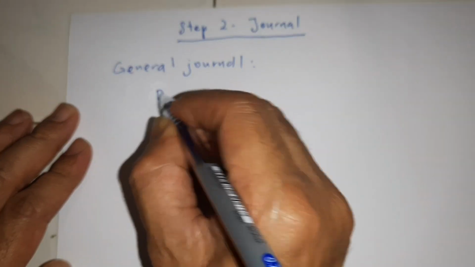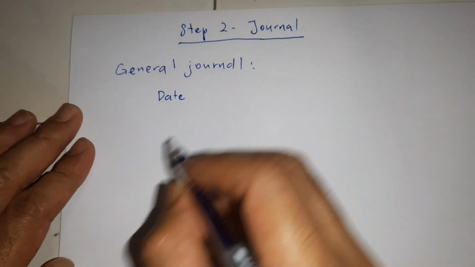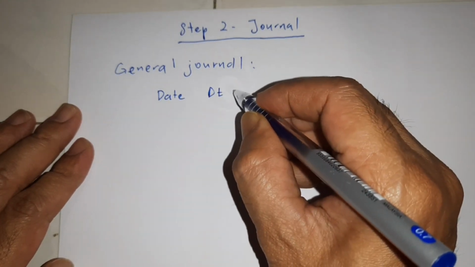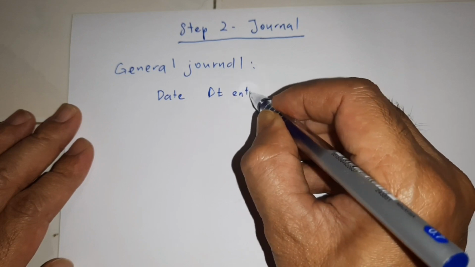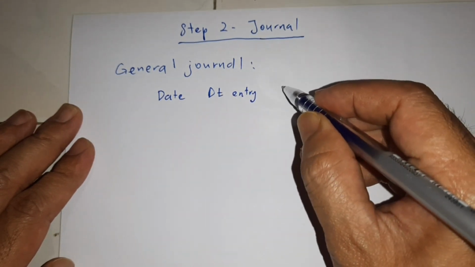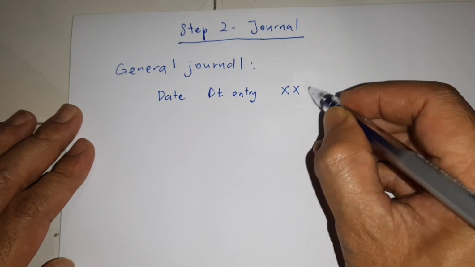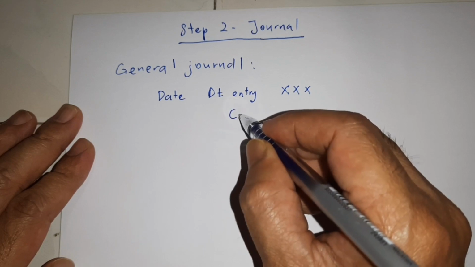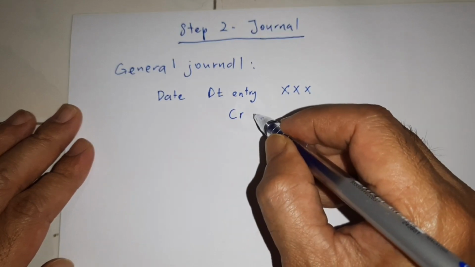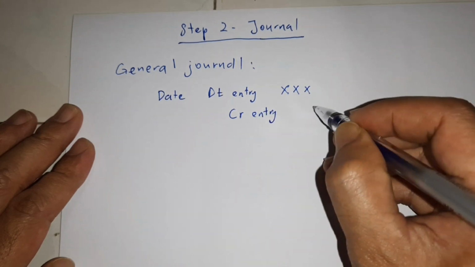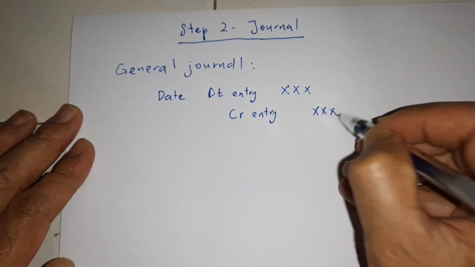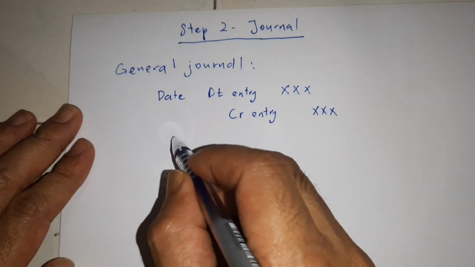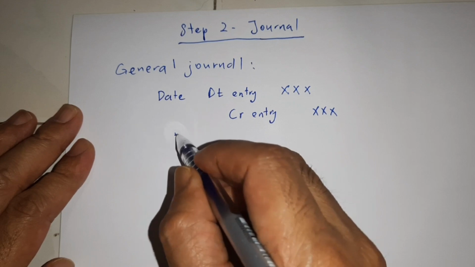You have to write the date of the business transaction, and then you have to show the debit entry or debit account, and then the amount related to the transaction, and then you have to show the credit entry or the credited account, and then the amount related to the transaction. And also you have to write an explanation about the transaction.